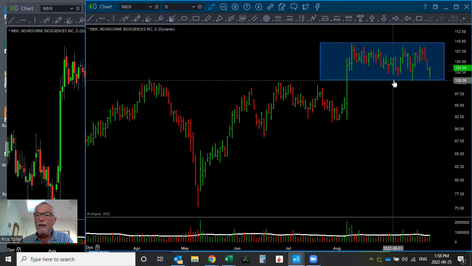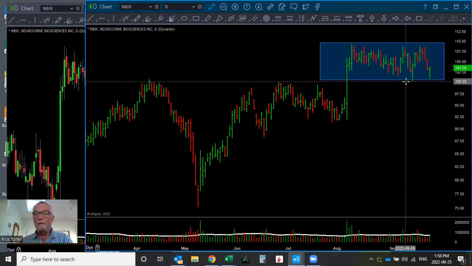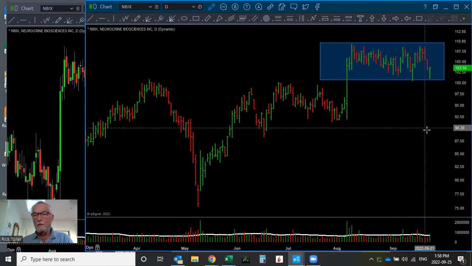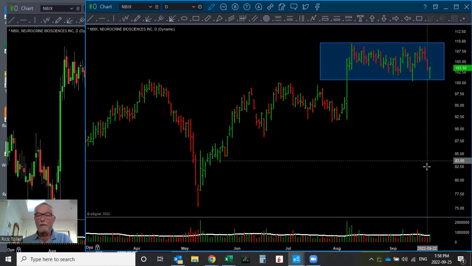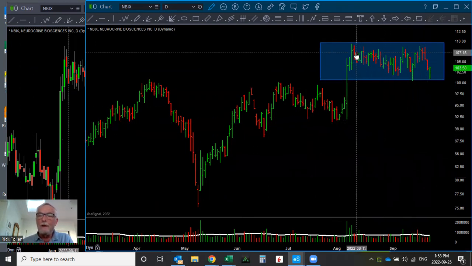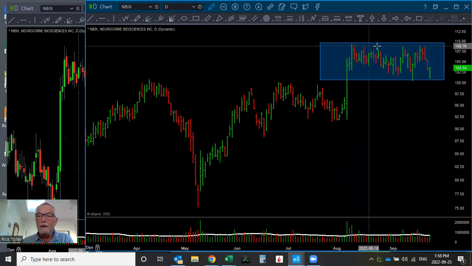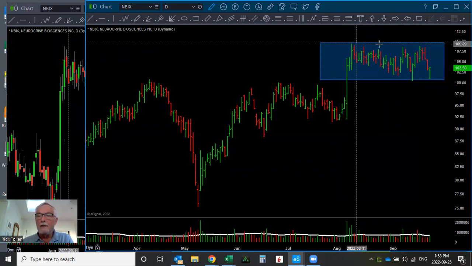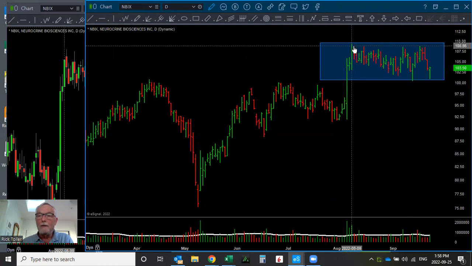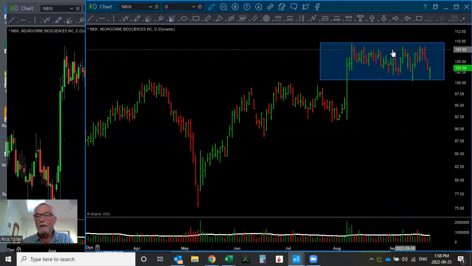That means I can safely put my stop underneath $100, because if that buyer goes away, this thing could go right back down here somewhere. On the other hand, it can't seem to get past 110, so there's somebody who's willing to sell stock up at 110.